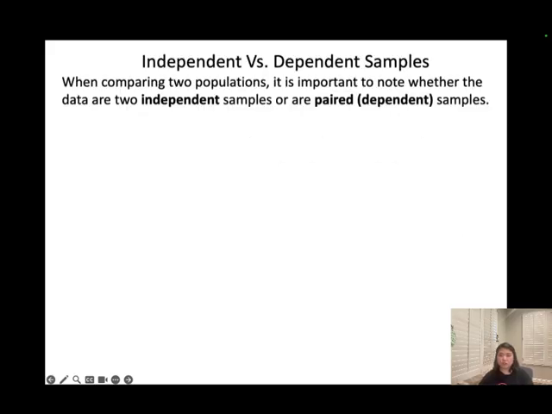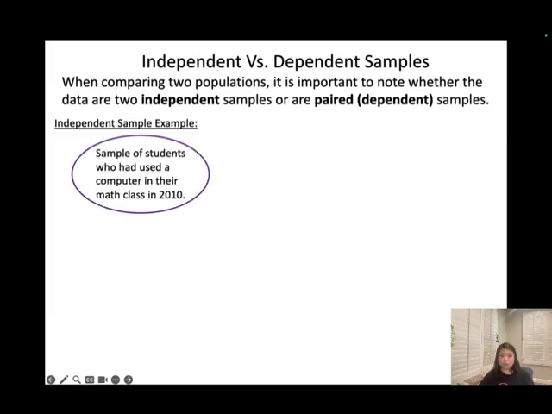So what is the meaning of independent and dependent samples? When we're comparing two populations, it is important to note whether the data are two independent samples or paired samples. Look at the independent sample example. We have one population, a sample of students who used a computer in their math class in 2010.